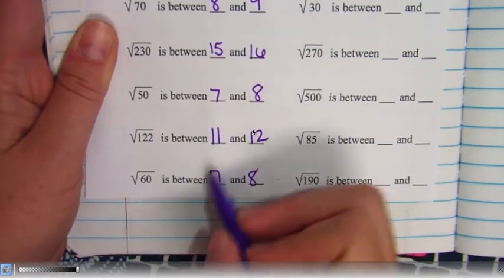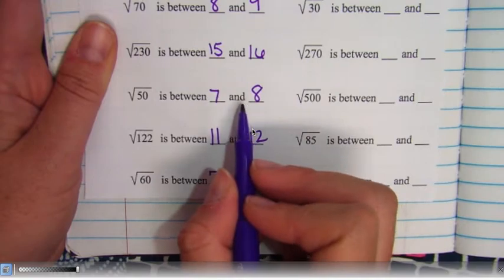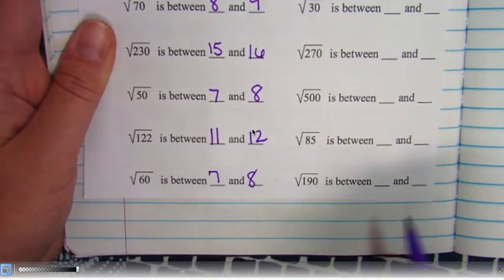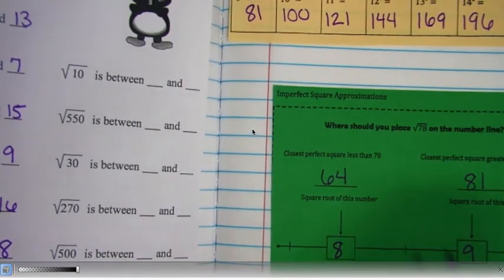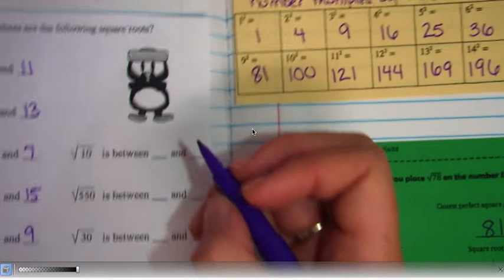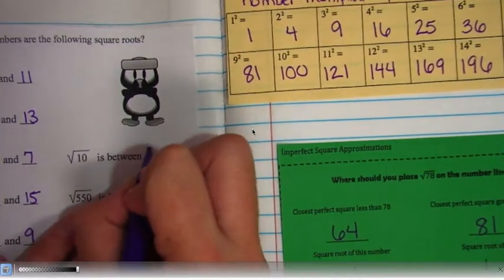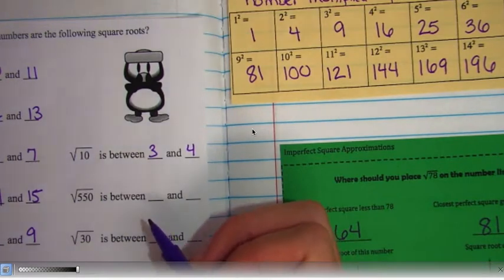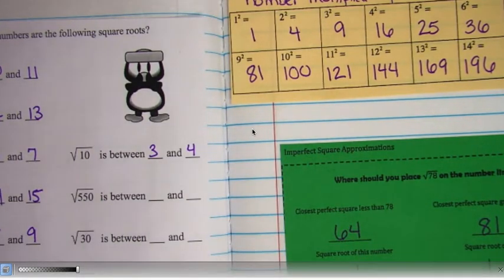You can have the same number twice, that's fine. All right, square root of 10. 10 is right after 9, before 16, so we know it's going to be between 3 and 4.